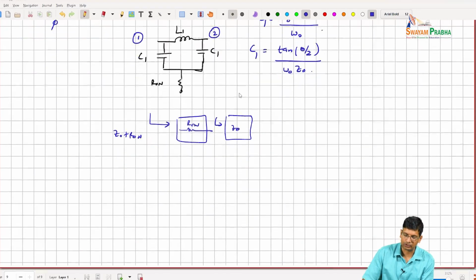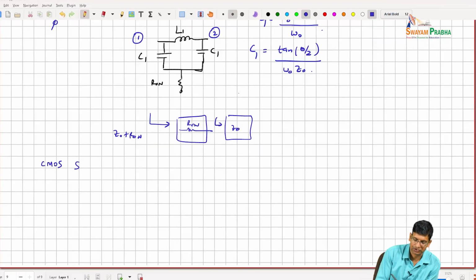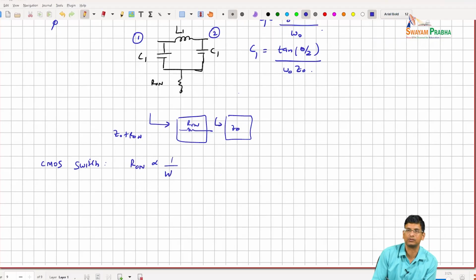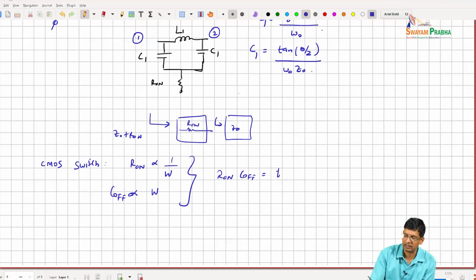But the switch design itself, right? So if you consider a CMOS switch, R on is proportional to 1 over W of the switch, right? And C off is proportional to W of the switch. So you end up with R on C off being a constant for the technology, right?